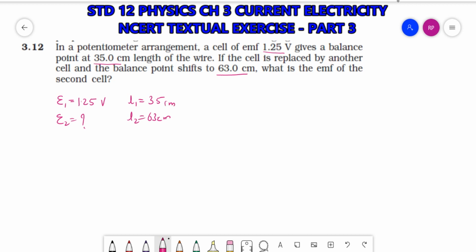In a potentiometer for comparison of two cells, there is a simple relation: epsilon 1 by epsilon 2 is equal to L1 by L2, so epsilon 2 is equal to epsilon 1 L2 upon L1. So 1.25 into 63 upon 35.